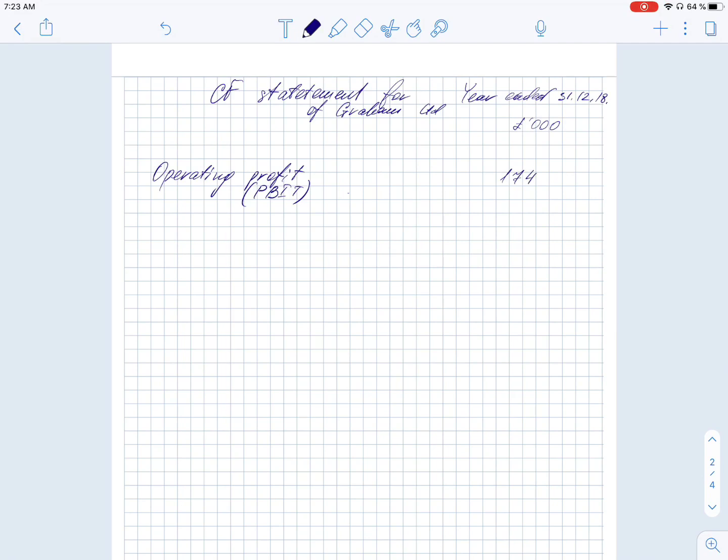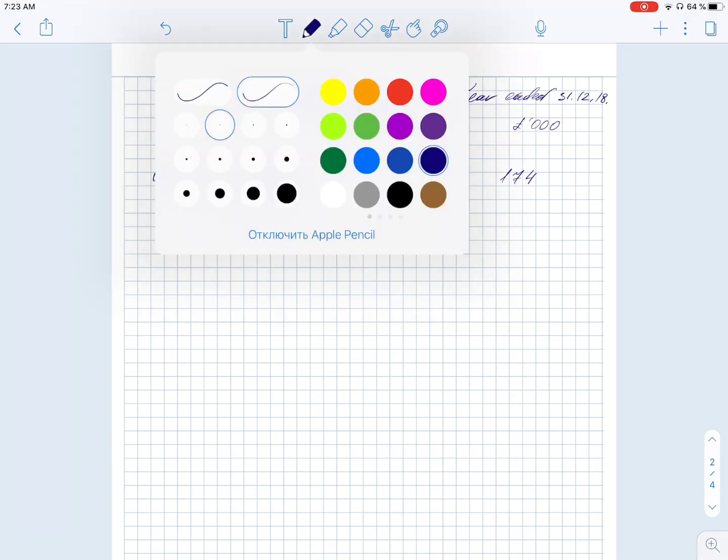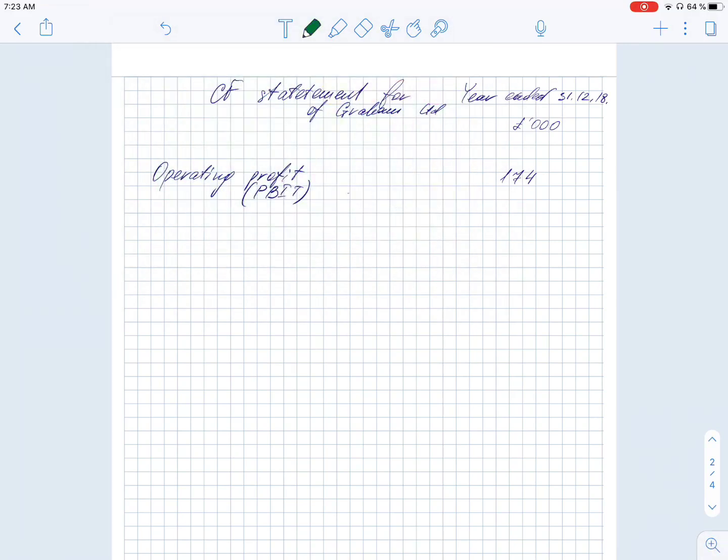Then we have to adjust it for non-cash income and expenses. I will change the color and state it here, adjustments for non-cash items. Basically, there could be only 3 lines. Only 3 lines could appear here.